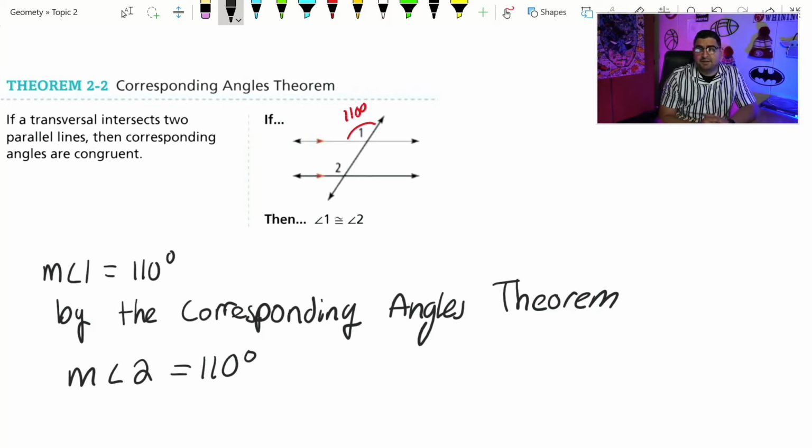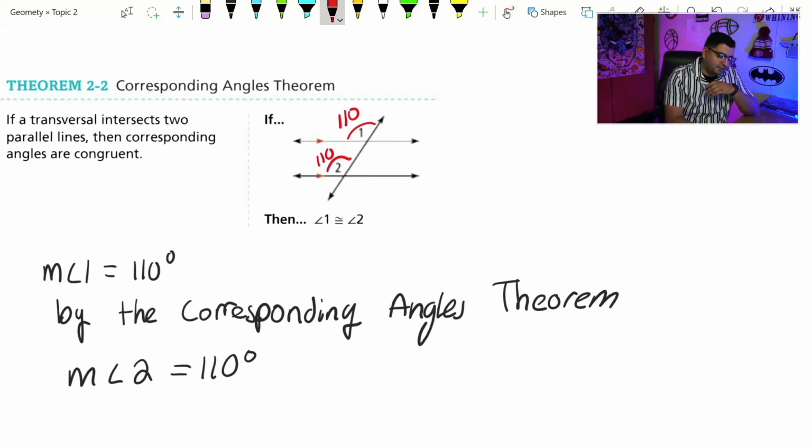And it's not just limited to these two angles, it's true for every other pair of corresponding angles. Okay, that looks like 1100, but it's actually 110 degrees. And that's how we use the Corresponding Angles Theorem.